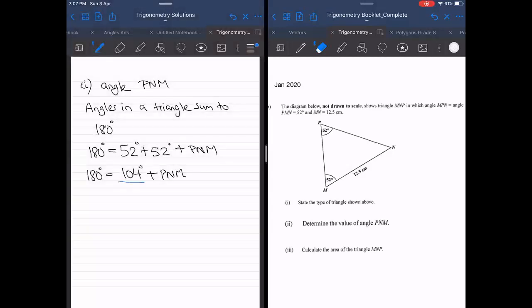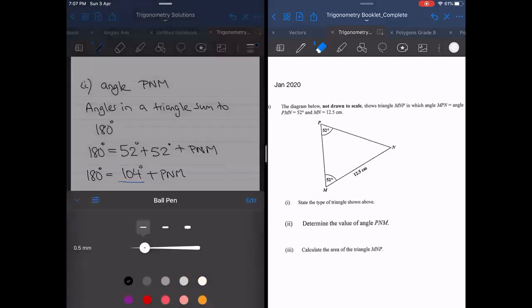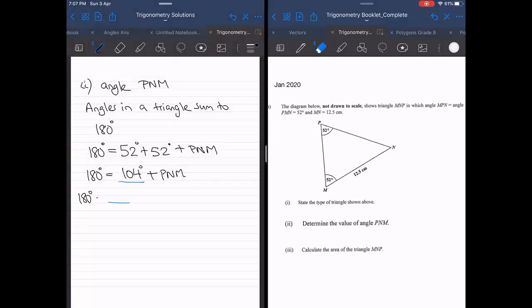So 104, which is added, I take it across, subtract. So it'll be 76. So no decimals. There's no need for any decimals.